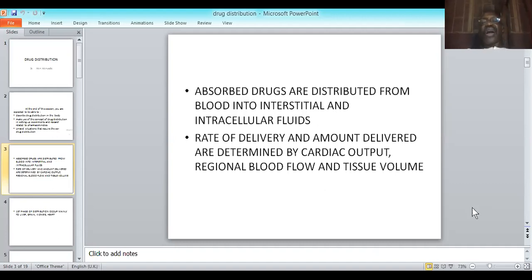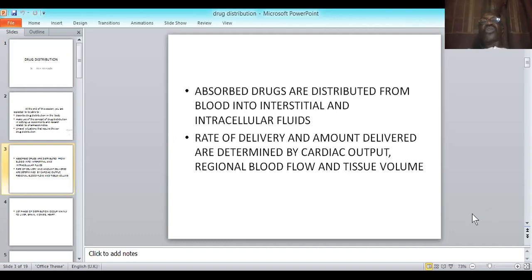after drugs are absorbed or when they are given intramuscularly, the next thing is that the drug will be distributed throughout the body.